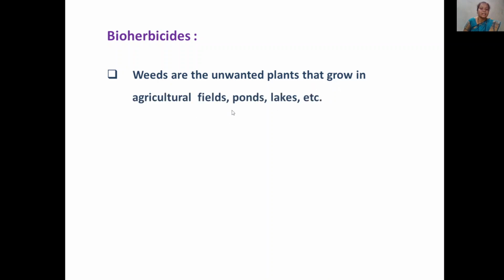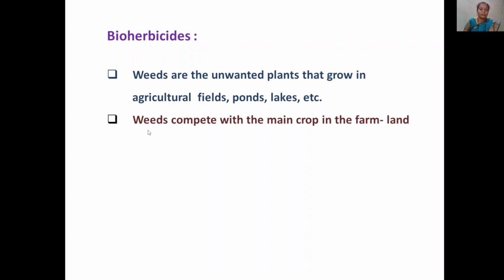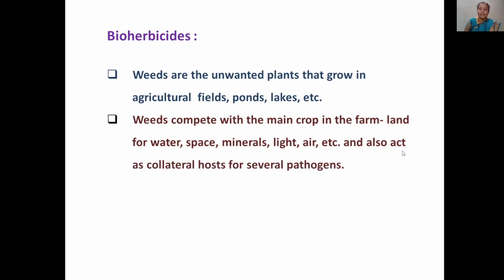Here we see bioherbicides. Weeds are the unwanted plants that grow in agricultural fields, ponds, lakes, etc. Weeds compete with the main crop in the farmland for water, space, minerals, light, air, etc., and also act as collateral hosts for several pathogens.